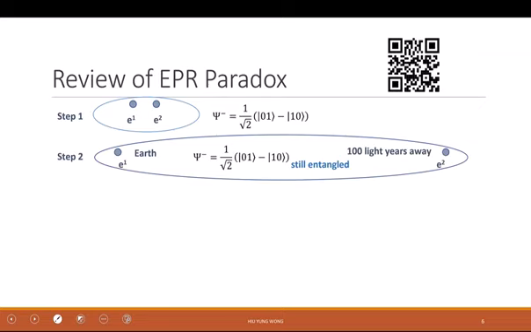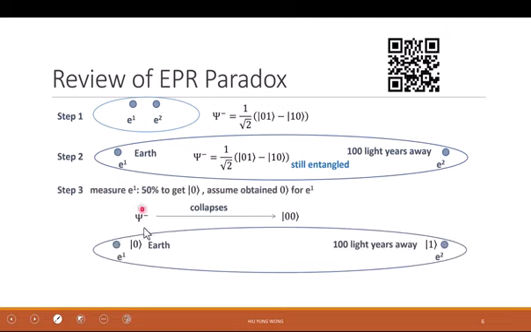I then carefully separate them to very far away, 100 light years away. Basically, you cannot communicate within 100 years according to special relativity, right? I do it carefully so they are still entangled, means the whole system which composed of these 2 electrons are still entangled and described by this wave function.